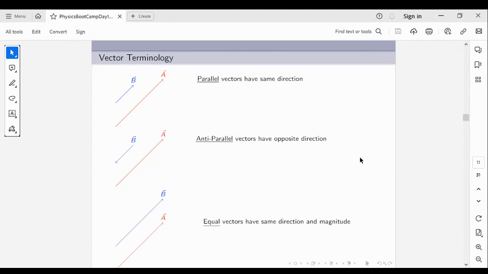Parallel vectors, as you could probably guess from driving on roads, have the same direction. Anti-parallel vectors have opposing directions. That makes perfect sense too. Equal vectors, on the other hand, have the same direction and magnitude.